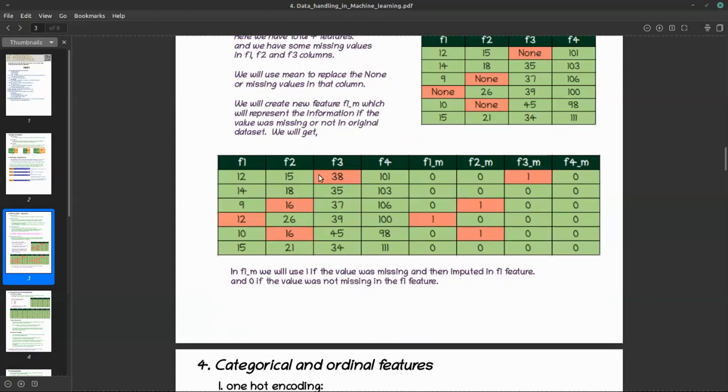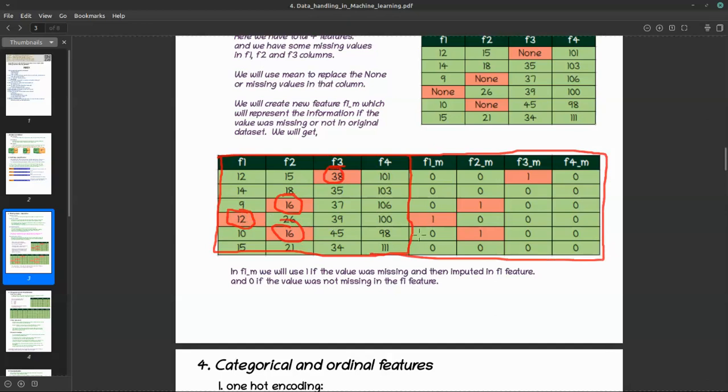How? Let's say for these four columns we are performing the imputation, so all the missing values would be replaced by the mean. If I give you this data f1 f2 f3 f4, you don't know which value was missing, at which row. So along with this data I will provide one more table.